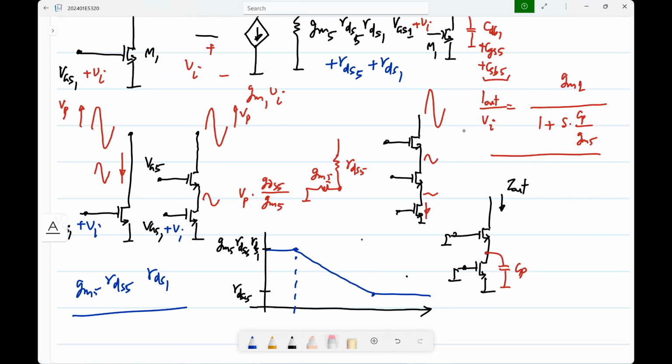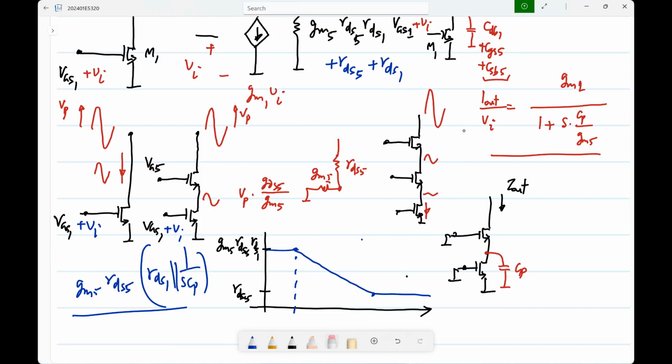So instead of this, you will get RDS1 parallel 1 by SCP. Is this clear? GM5 RDS5 is going to multiply whatever impedance is between this point and ground. That is basically now RDS1 parallel with this capacitor.